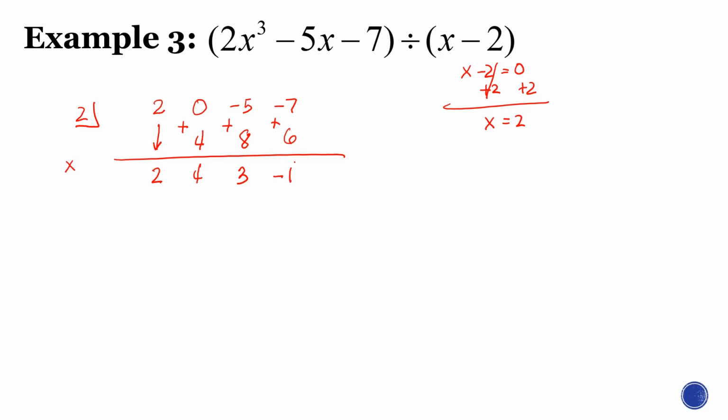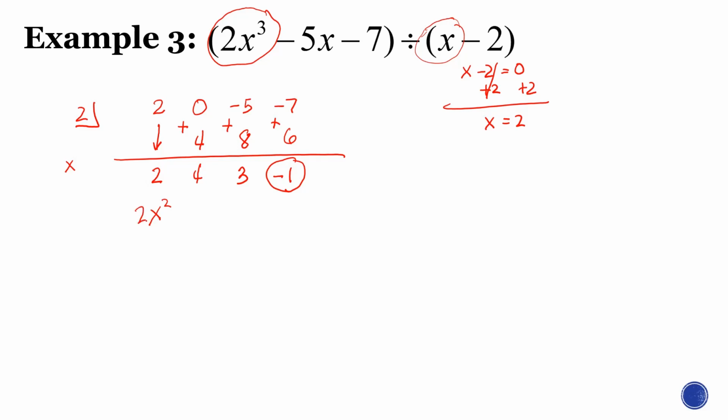Which means that we have a remainder. So after we did all of that, the last step will be we will convert this as a polynomial. And how are we going to do that? We will divide this by that one. So 2x cubed divided by x will give us 2x squared, which means that the first literal coefficient that we will put here is x squared.